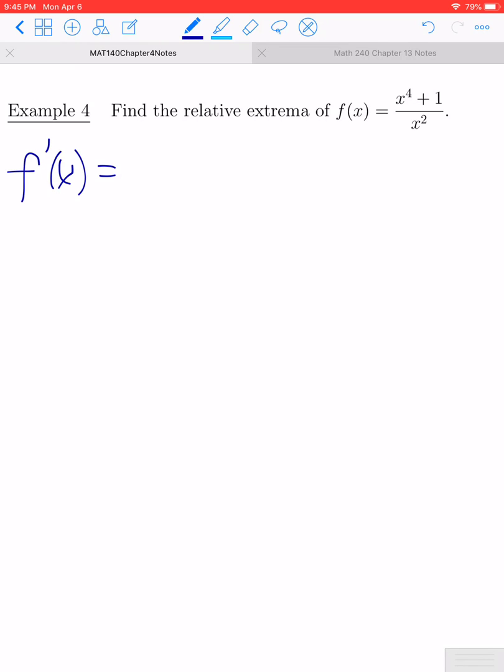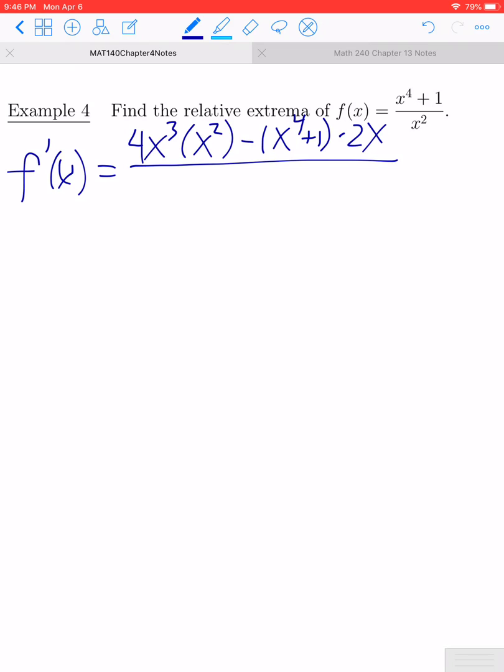F prime of x is going to be equal to the derivative of the numerator times the denominator minus the numerator times the derivative of the denominator all over the denominator squared.